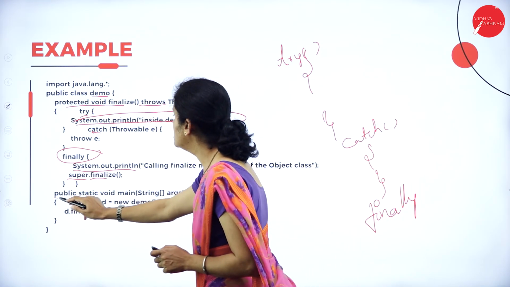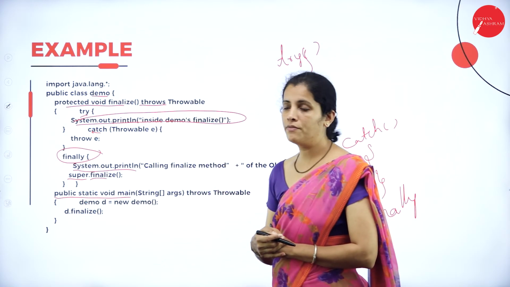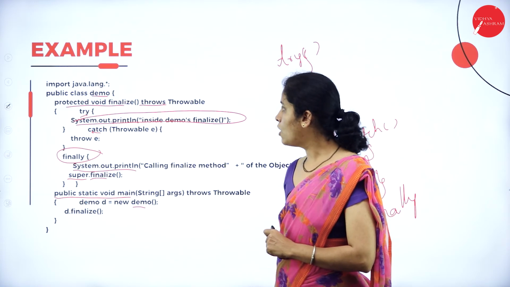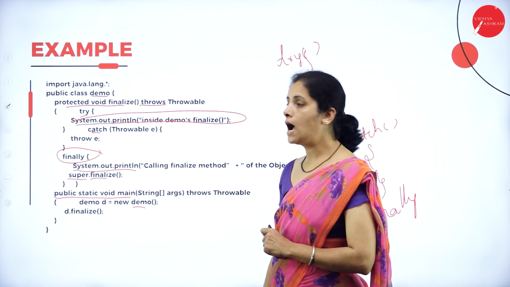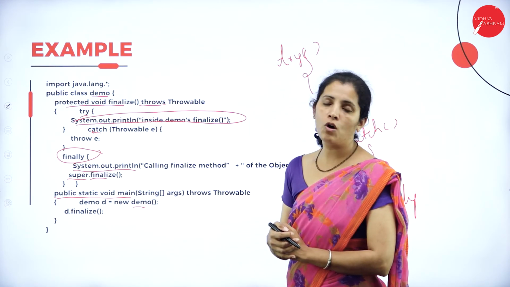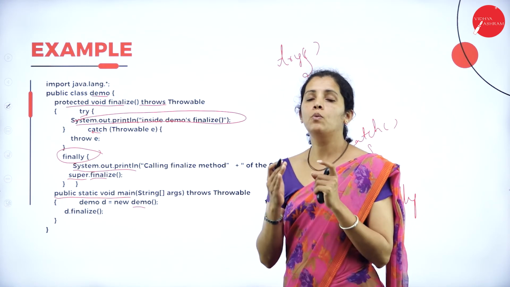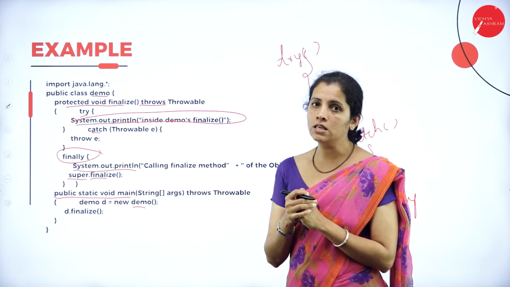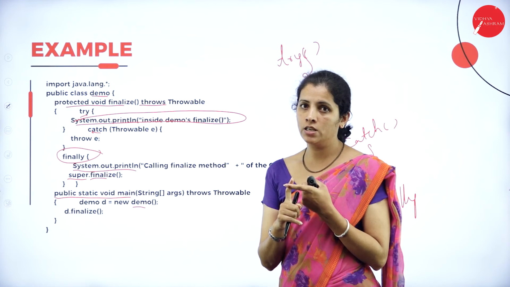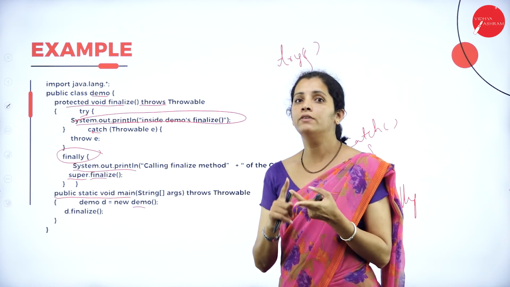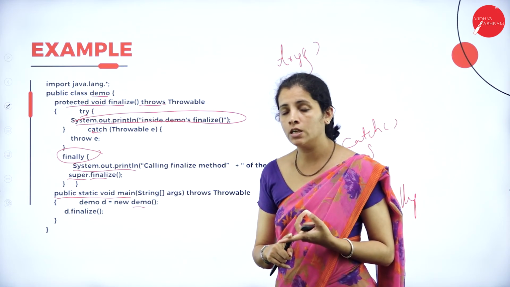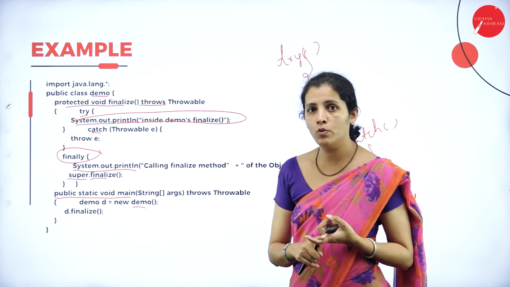Now, I am going to write the main function, and I am going to create an object of the class Demo, and with the object I am going to call the finalize method. And why am I going to call finalize? In order to close the database connection, in order to close the network connection, in order to deallocate resources, in order to deallocate memory.